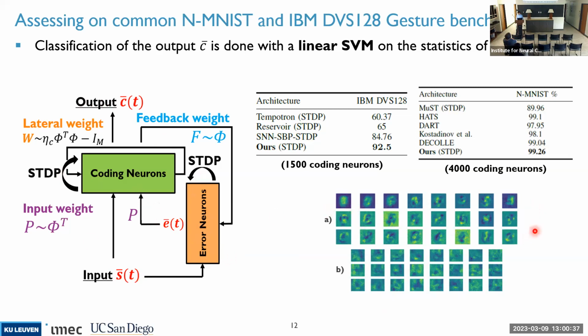For example, on the neuromorphic MNIST, what is learned in the weights is akin to abstract digits or combinations of digits. For gesture recognition, the patterns are a bit more abstract, but you see some patterns. And the interesting thing is that after training in an unsupervised manner with STDP, we then just learn a linear SVM classifier on the outputs of the SNN.